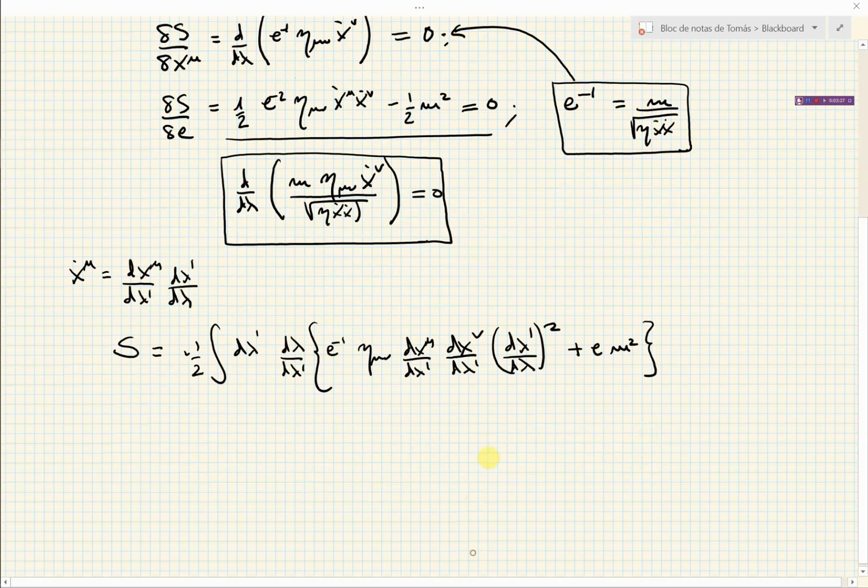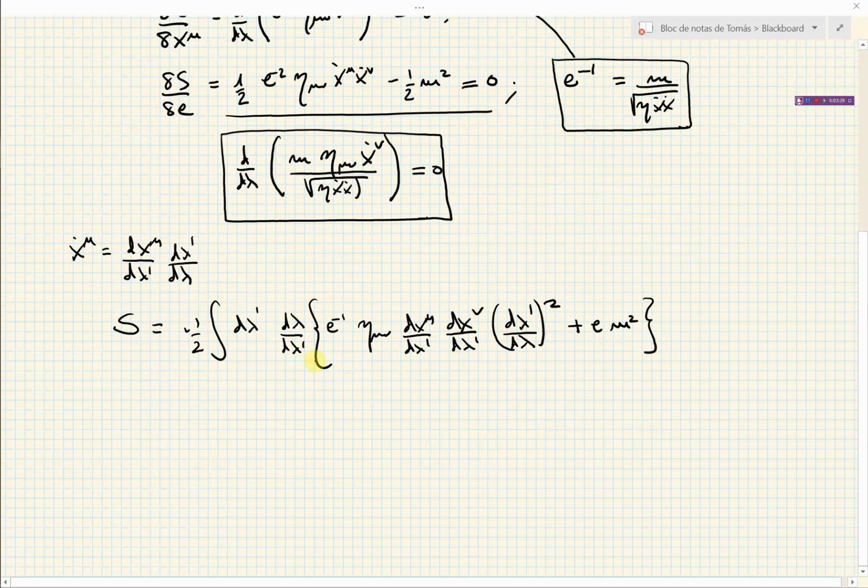So we have a problem because this factor only cancels one of these factors here, and also this factor is not cancelled by anything.